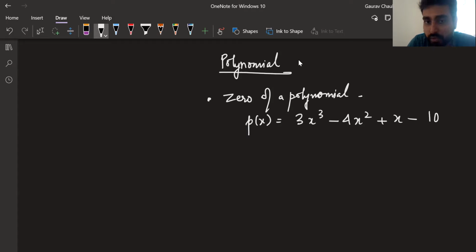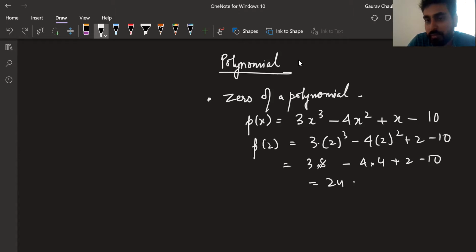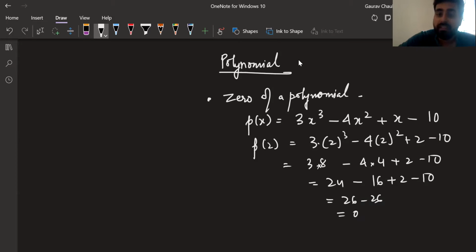2, sir. So p of 2 is equal to 3 into 2 cube minus 4 into 2 square plus 2 minus 10. That's equal to 3 into 8 minus 4 into 4 plus 2 minus 10, which is 24 minus 16 plus 2 minus 10, that's 26 minus 26, equal to 0.